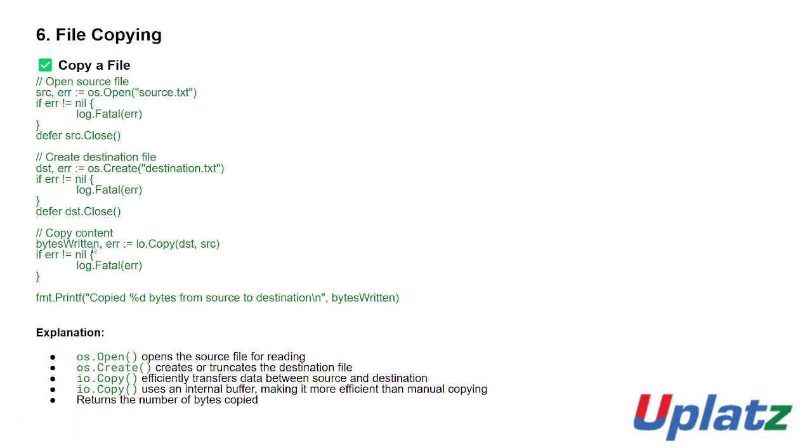Bytes written, how many bytes are written here? Okay, from source to destination. Please use it in this way, that is copy from this to this, source to destination copy, not this to this.